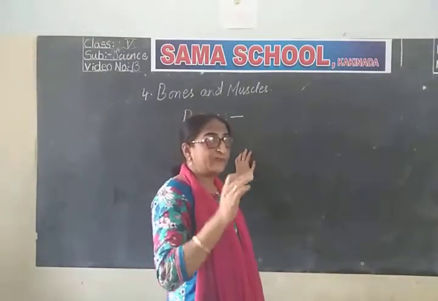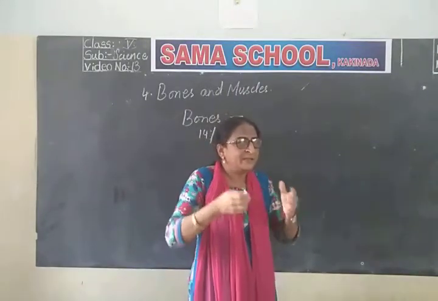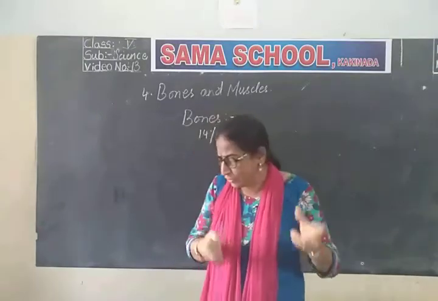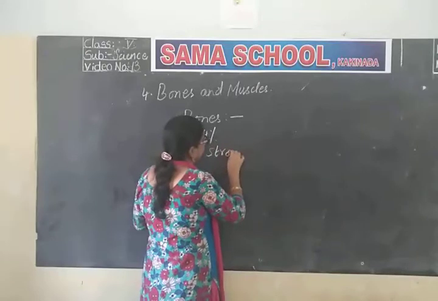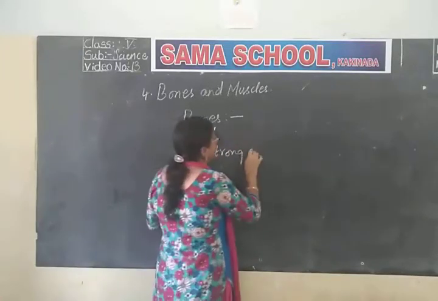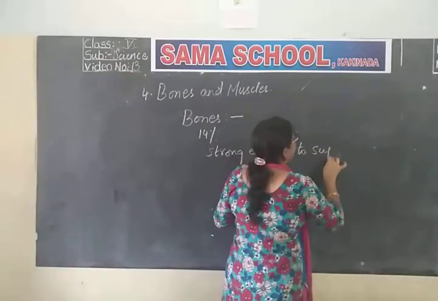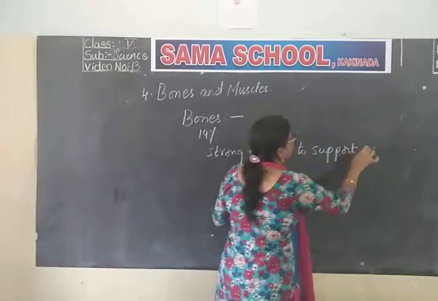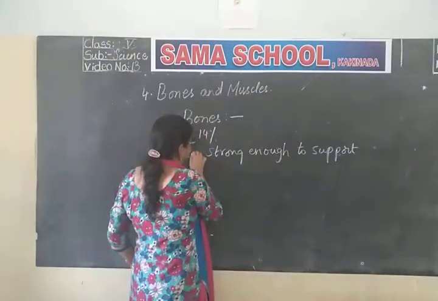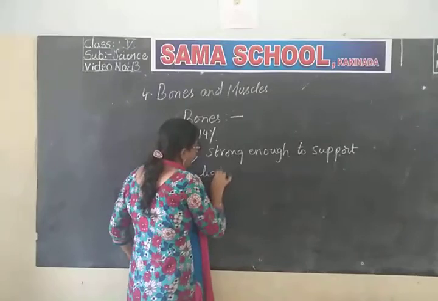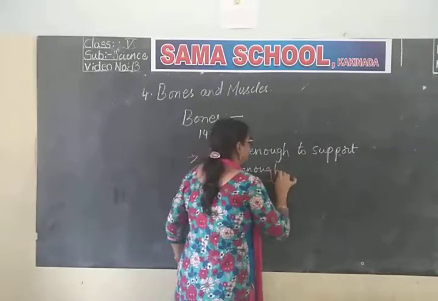So, our bones must be strong enough to support us. At the same time, they must be light enough for us to move easily. Strong enough to support and light enough to move easily, isn't it?